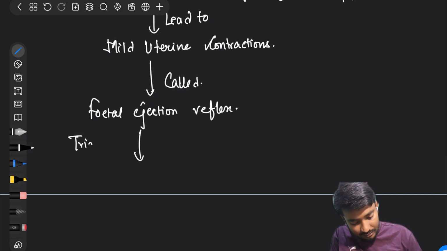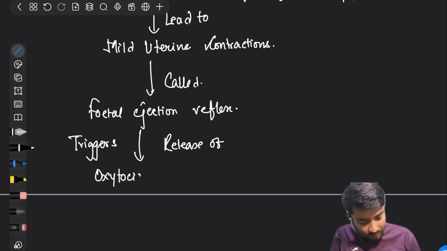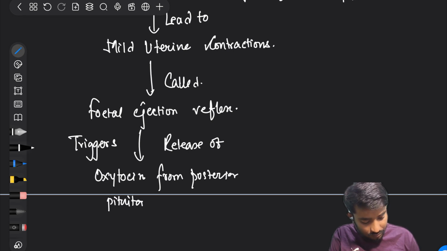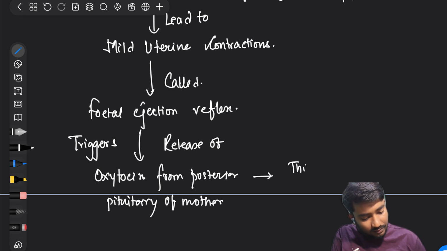It triggers release of oxytocin from the posterior pituitary of the mother. This is a positive feedback loop.